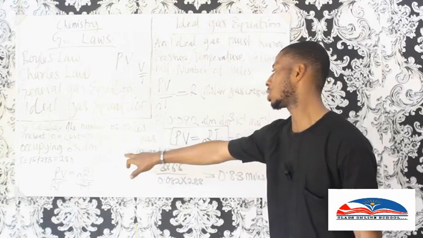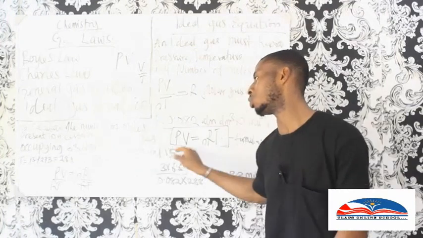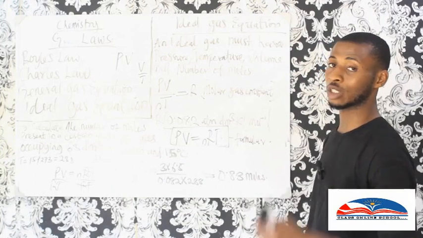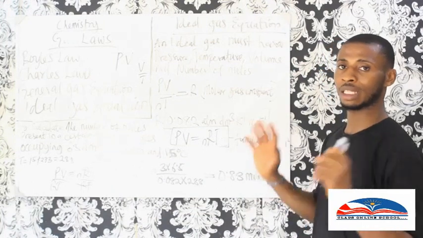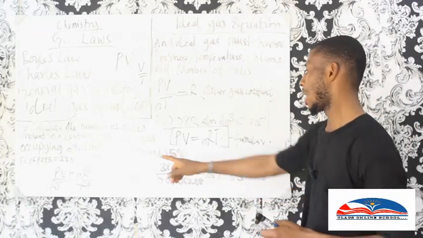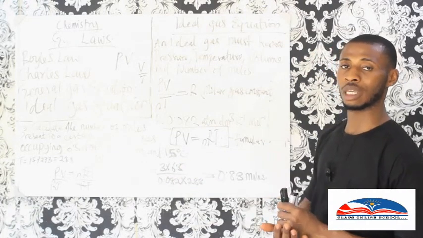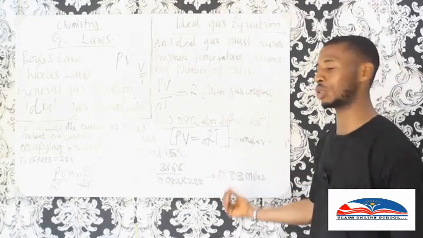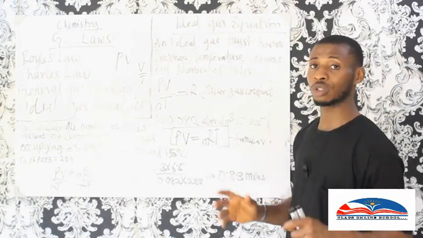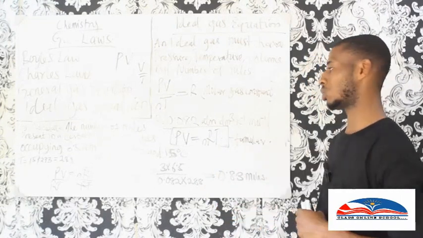That is standard temperature and pressure, so the given temperature and pressure will be removed. Standard pressure, like we taught in the other class, is 1 atm, one atmospheric pressure, and standard temperature is 273 Kelvin. So input them and you solve, you get your answer. There's no two ways about it. It's just for you to focus. Read your question first so that you understand and know how to answer it.